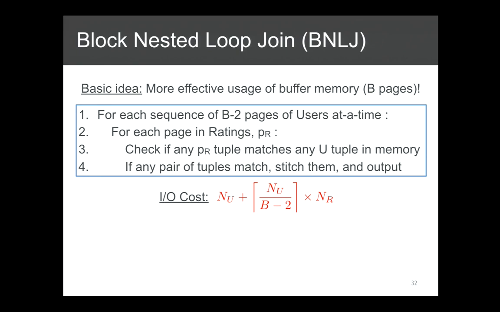But the number of times the inner for loop is invoked has dramatically dropped from NU times NR, so it becomes NU over B minus 2 times NR. So this is why the block nested loop join can reduce the I/O cost very substantially compared to the page nested loop join.